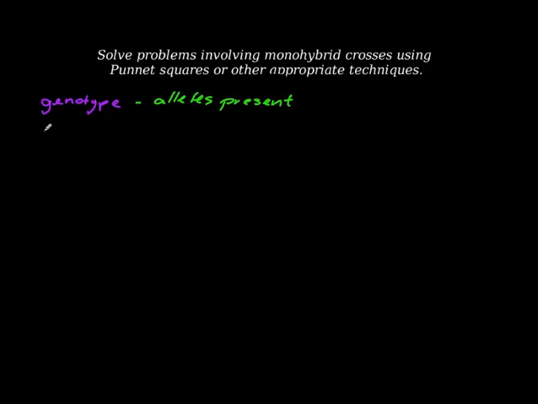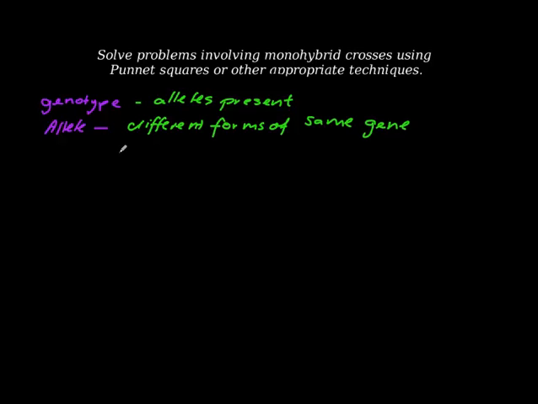The other word there is the allele. So what is an allele? Well, an allele refers to different forms of the same gene. For example, we looked at plant height in Mendel's pea plants.